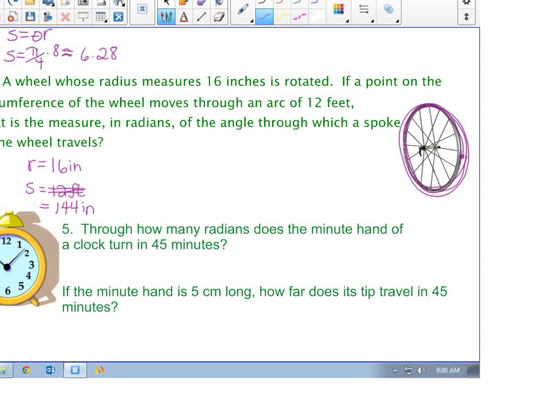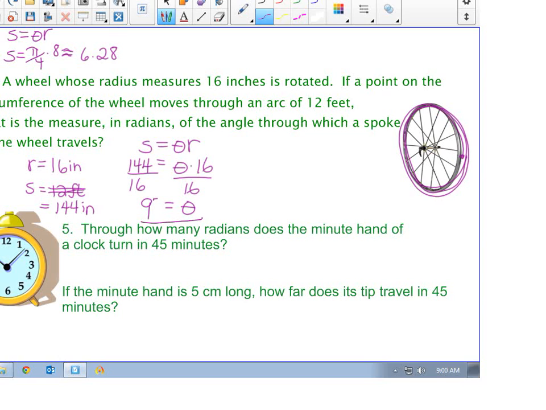What is the measure in radians of the angle through which a spoke of the wheel travels? So I know I'm using S equals theta R because we're on the arc of that wheel. For 144 inches, we're looking for theta. So all we need to do is divide by 16 and find our angle in radians. And that's 9 radians.